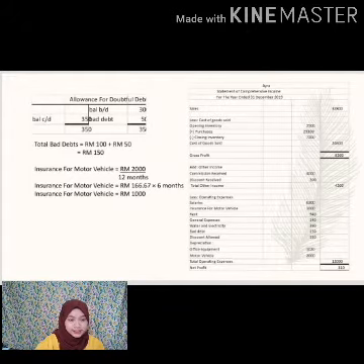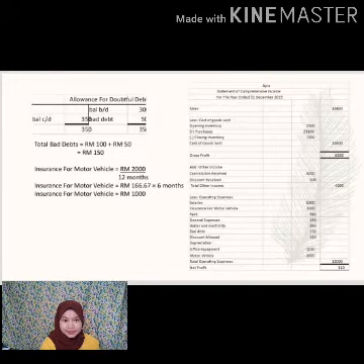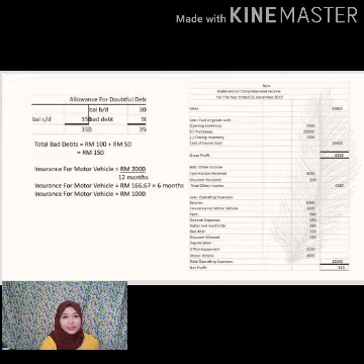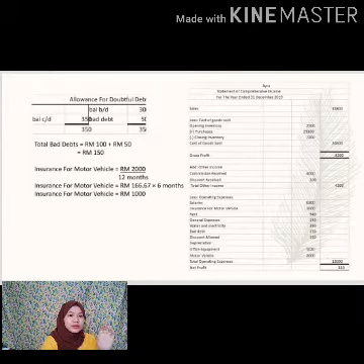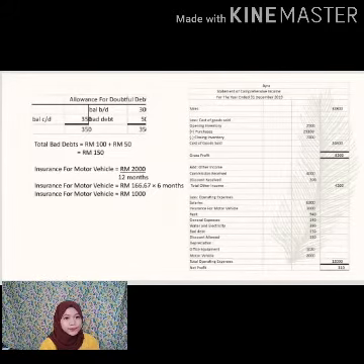Insurance for motor vehicles, as you can see on the slide, 2,000 needs to be divided by 12 months. This is because we need to find only 1 month's amount, and then we will multiply by 6 months, because here only 6 months need to be paid.